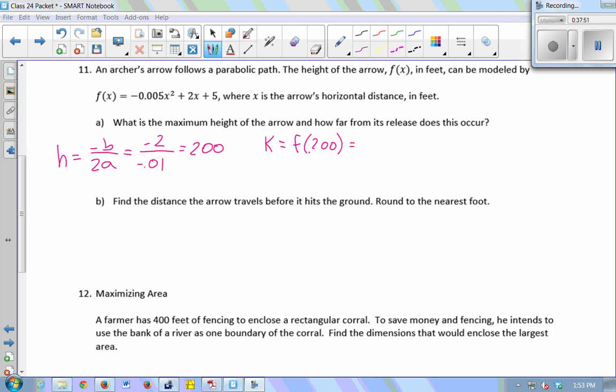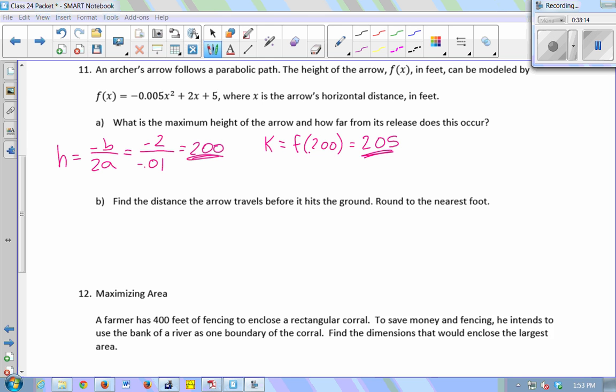And what do you get when you do that? 205. Good. All right, so we have an x coordinate and a y coordinate, the maximum of that quadratic function. Which one of those tells you the max height of the arrow? The y coordinate, because f of x is representing height and x is representing horizontal distance.